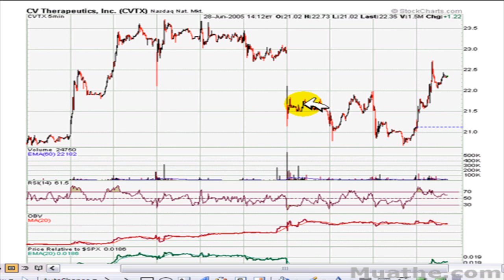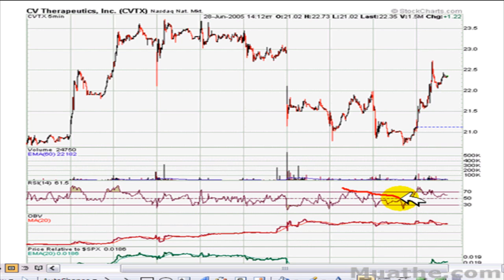What else? CVRX. Now, I don't know why I have this one up here, probably because of this strong close here. That was followed by stock moving from 22 to 23, $1 gain after this strong close. What am I missing? Anything else? Nope, but I see something. Timing.